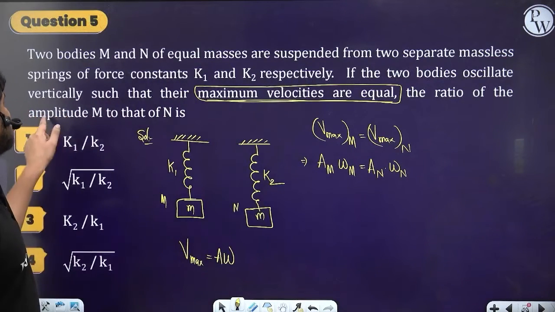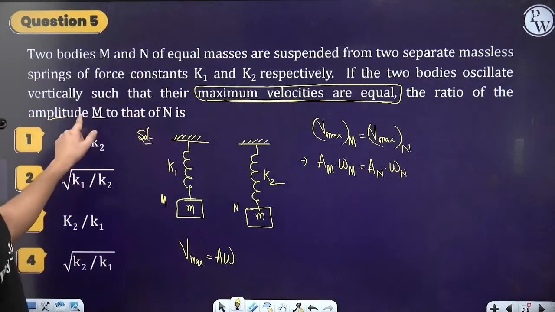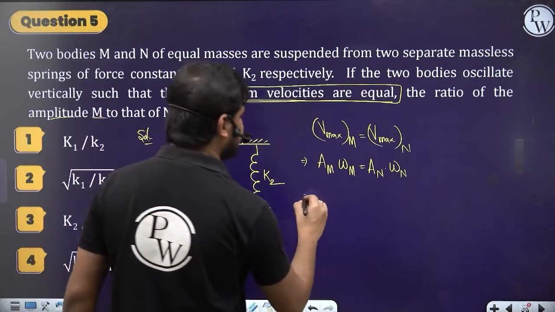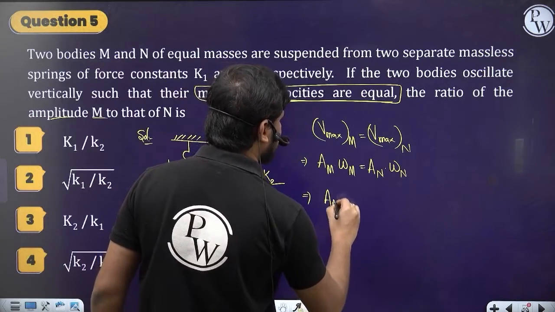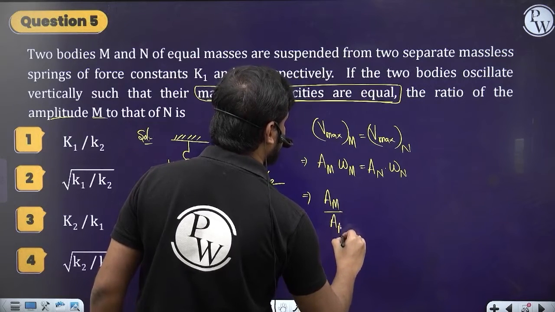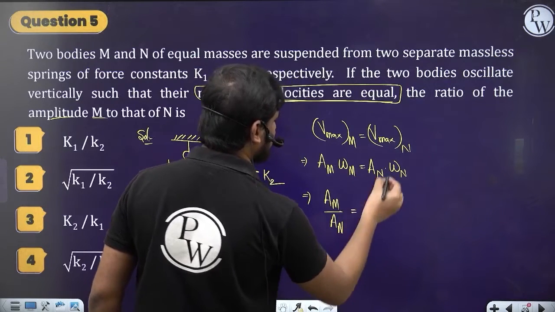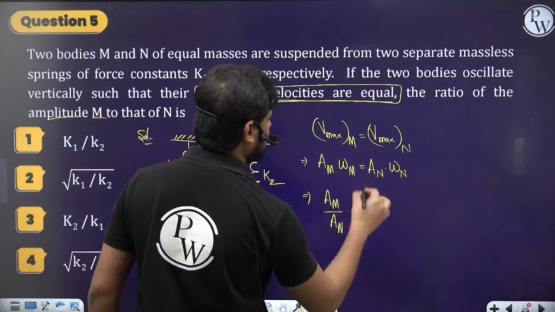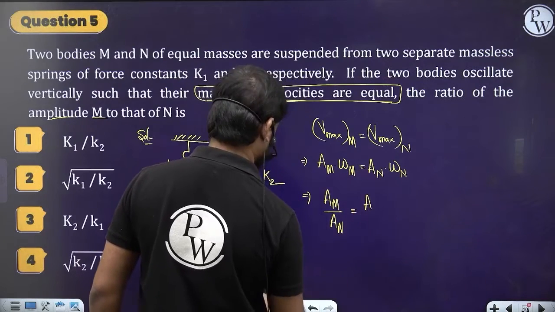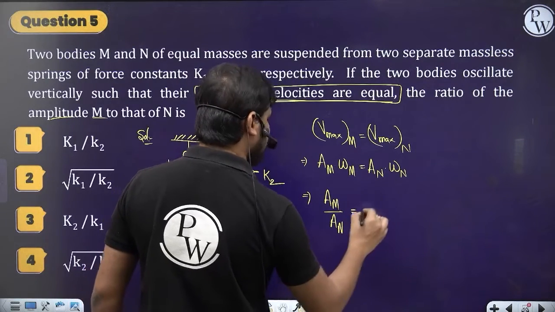What we actually need is the ratio of AM to AN, which is equal to omega N by omega M.